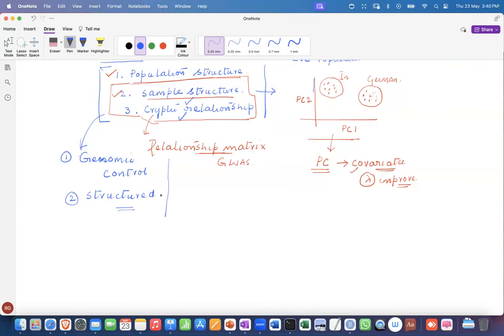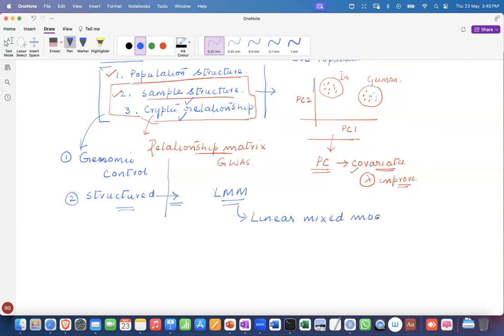Then people came up with an idea that, yes, it is time that we should use LMM models. What are LMM? Linear mixed models.